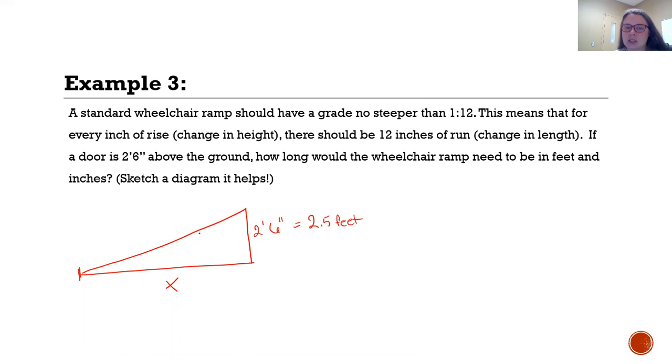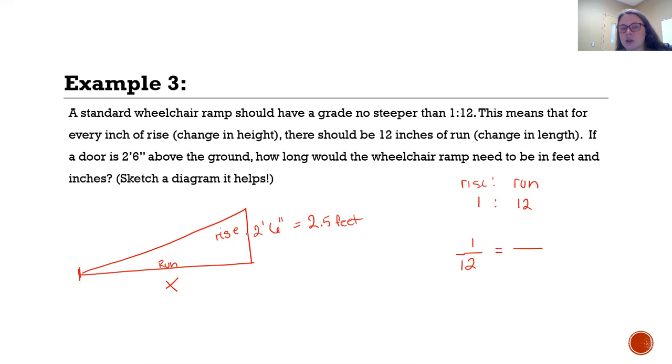So the question tells us that the ratio of rise to run, so rise is up and this is run here, has to be a 1 to 12 ratio. Okay, so if we have a 1 to 12 ratio, rise to run, rise is the 1.